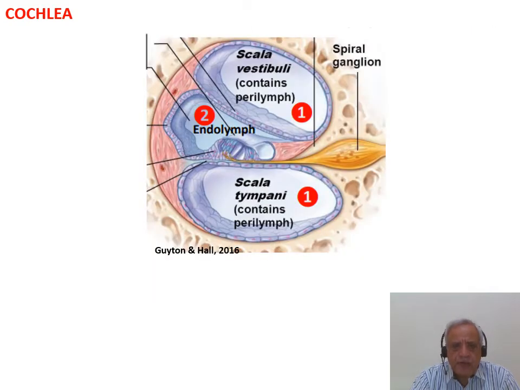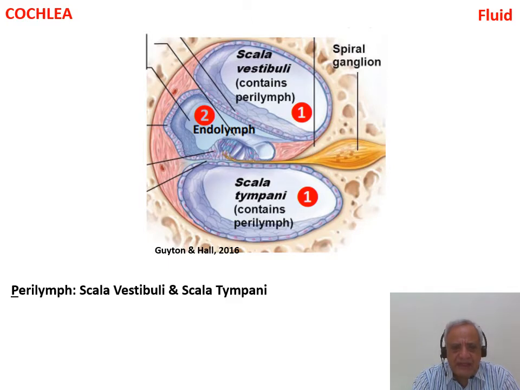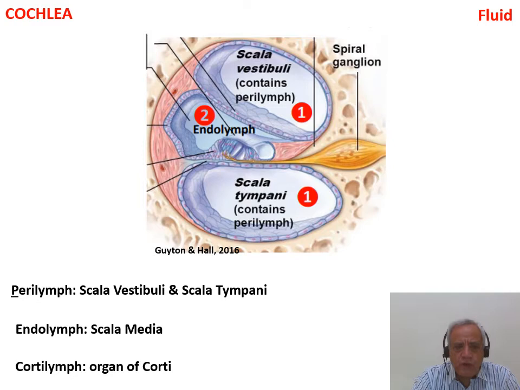The fluid, as we mentioned, is first the perilymph, whether up in the scala vestibuli or down in the scala tympani. In the middle is the scala media with the endolymph. A third fluid is the cortilymph, the fluid inside the organ of Corti, which resembles the perilymph in its structure.